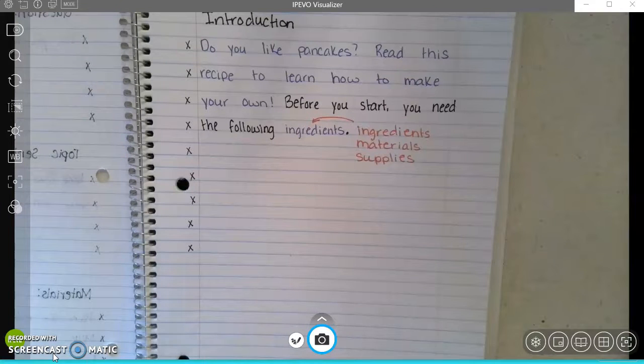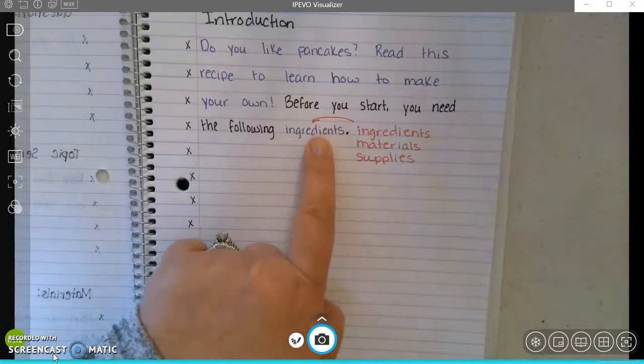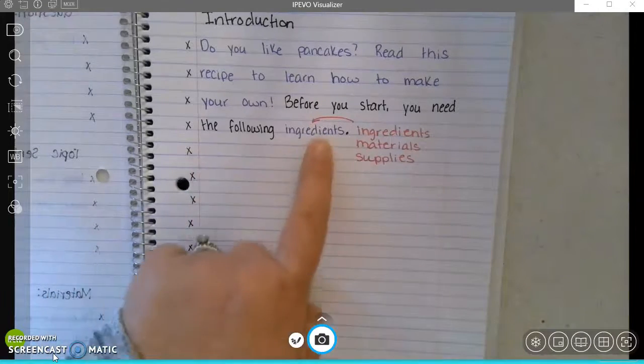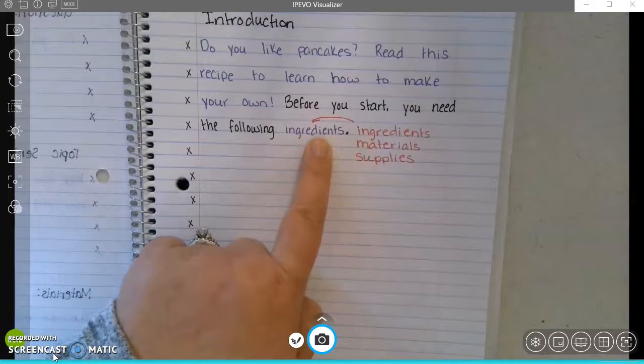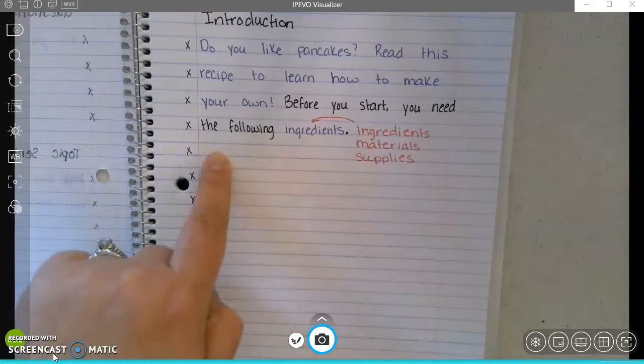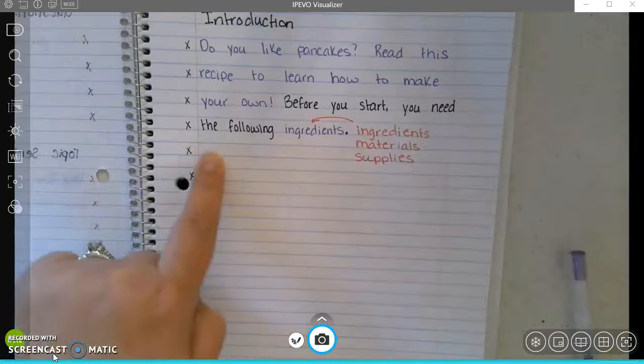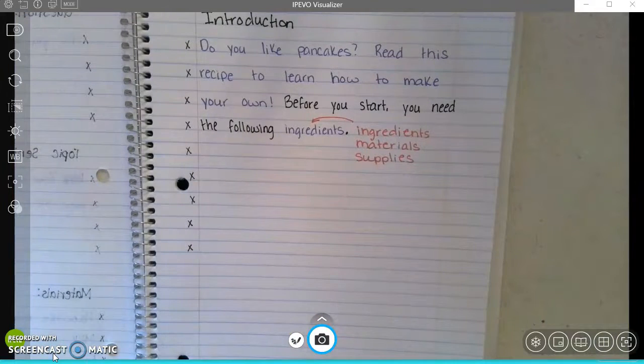Then, our materials are listed out. Okay? Our materials are listed out. So whatever word you wrote right here, you're going to write right here. I wrote ingredients, so right here I'm writing ingredients.